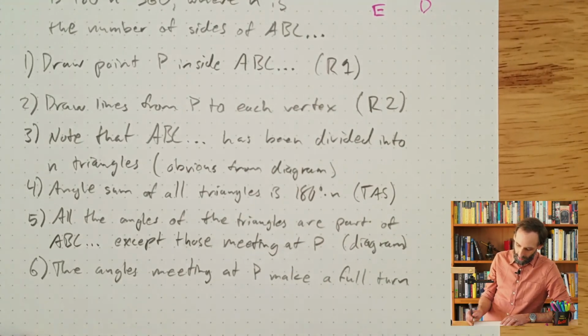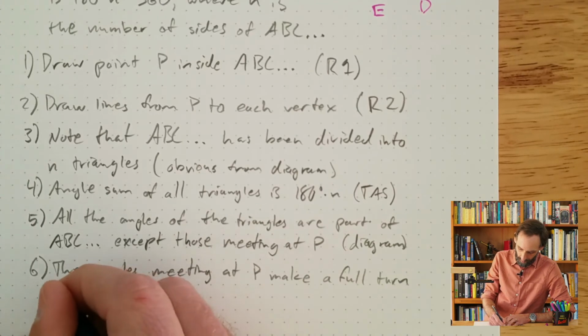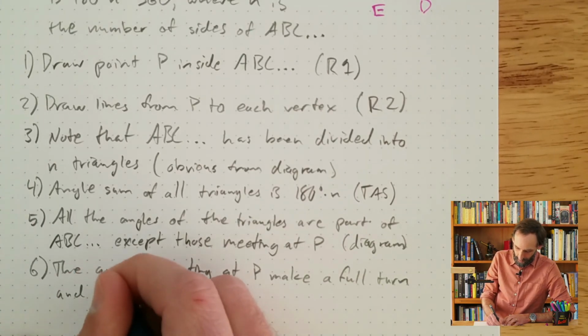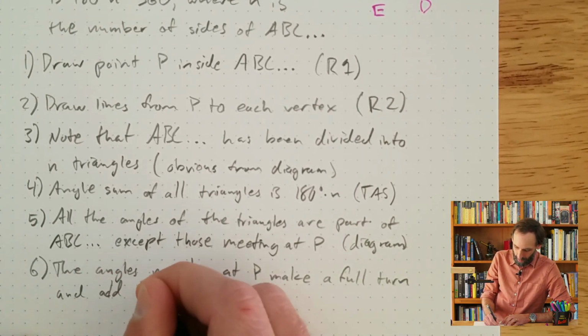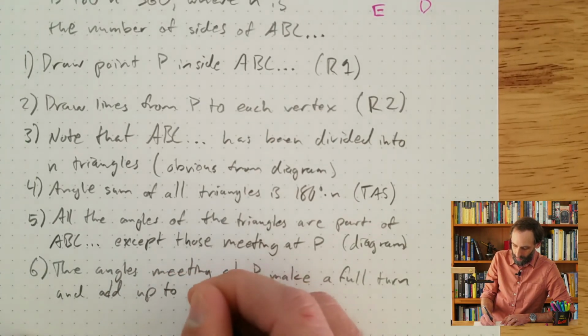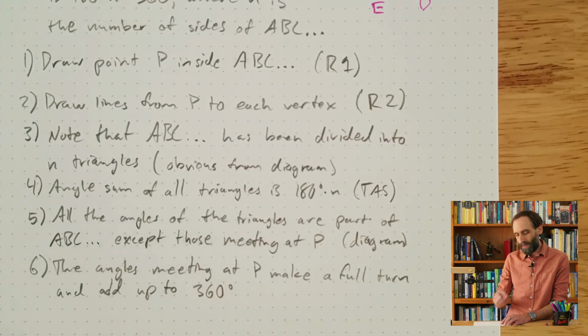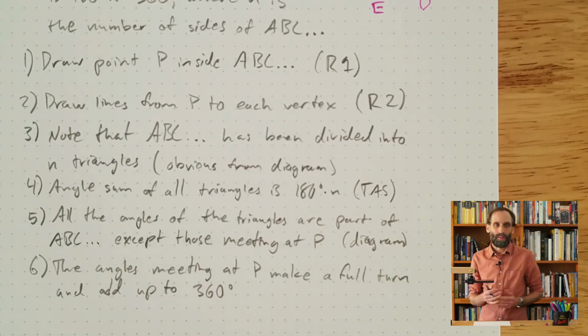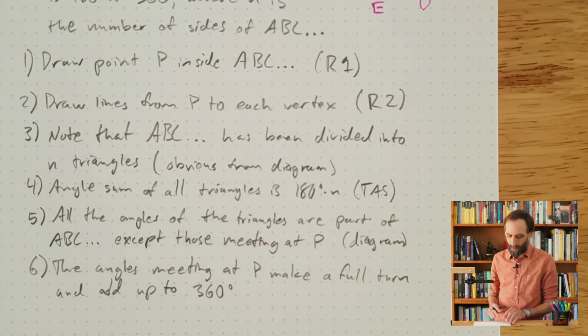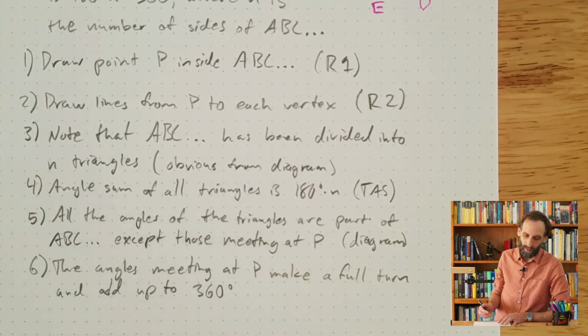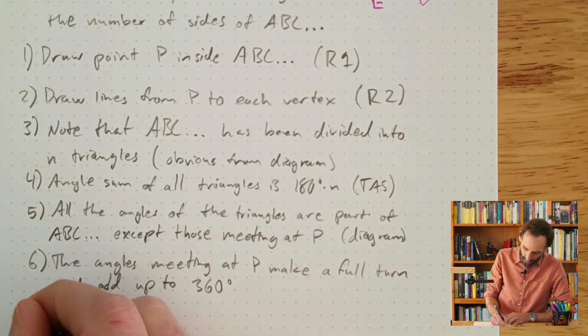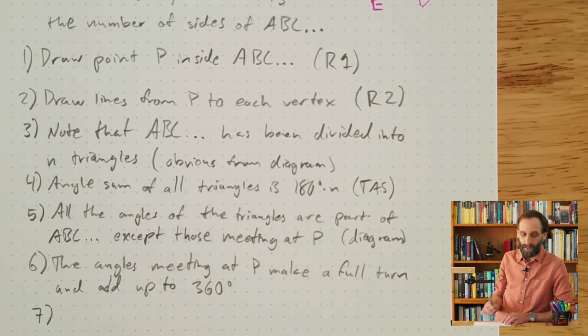I'm off the screen. So the angles meeting at P make a full turn and add up to 360 degrees. I'll let you think about what we could say to justify that. We could go back to the definition of angle and work with that, but I'll let you think about that one. And let's go to step 7, which will be our last step.